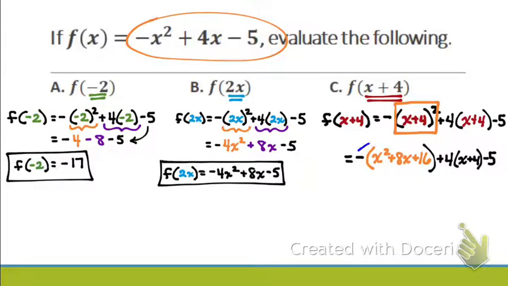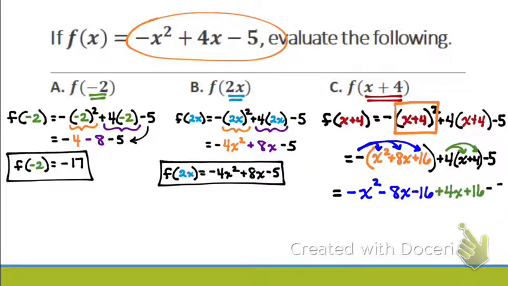I'm going to distribute the negative to each piece, and I'm going to distribute the 4 to each piece. So I have negative x squared minus 8x minus 16, plus 4x, plus 16, minus 5.